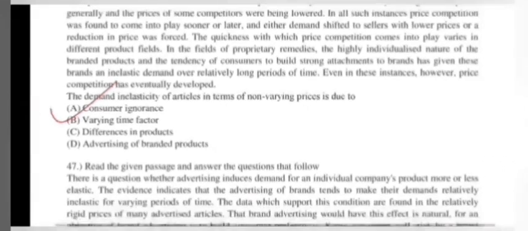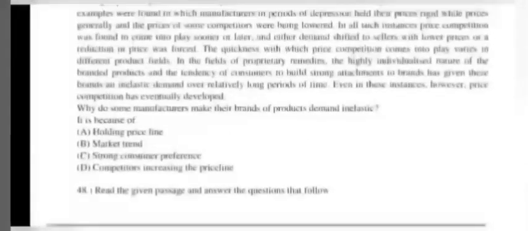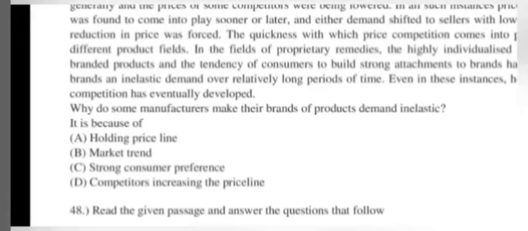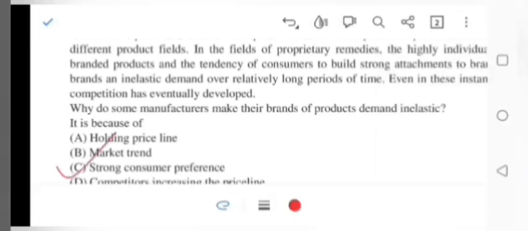Okay, 47. It says, why do some manufacturers make their brands of products demand inelastic? It is because of holding price line, market trend, strong consumer preference, competitors increasing the price line. So it will be number C, strong consumer preference.